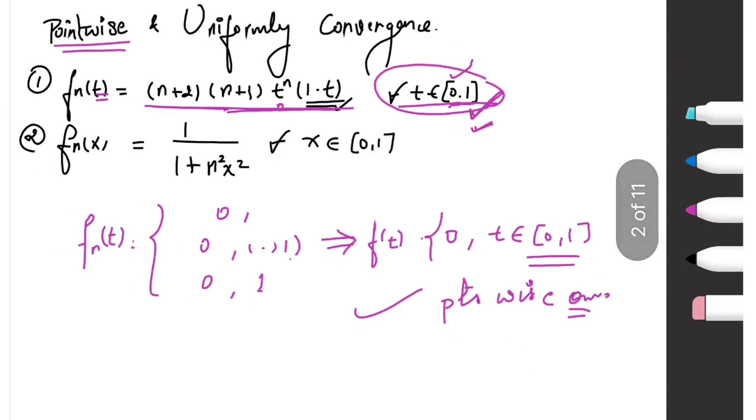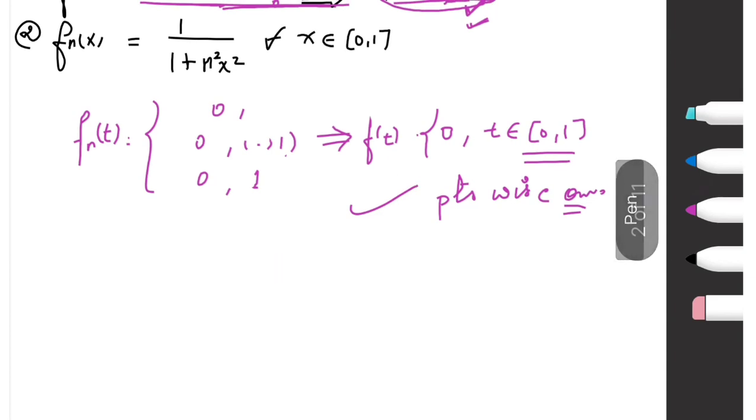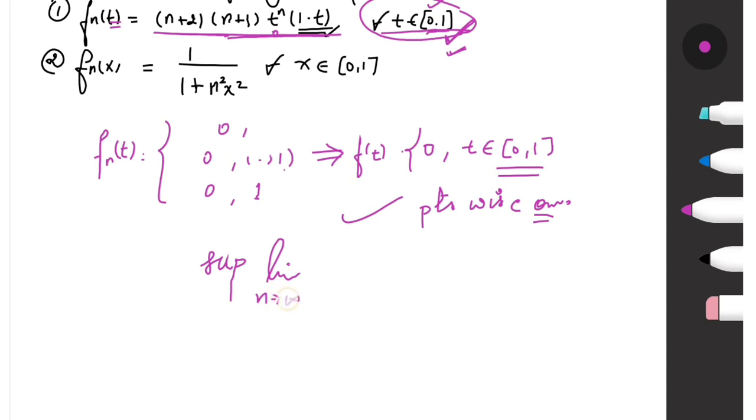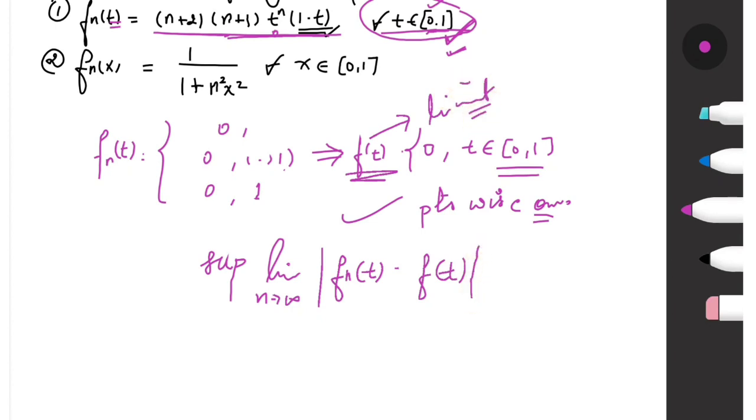Now, in order to check uniform convergence, we can use the Mn test. The Mn test says: let's take the supremum, as n tends to infinity, of the absolute value of the sequence of functions minus f(t), the limit of the function. This is our Mn.